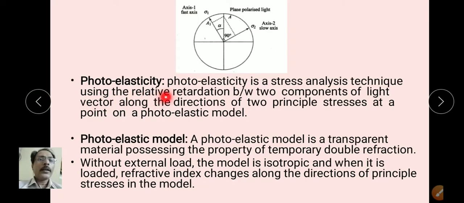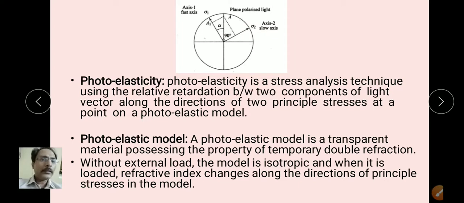Photoelasticity is a stress analysis technique using the relative retardation between two components of light vectors along the directions of two principal stresses at a point on the photoelastic model. When the light hits the wave plate, it is converted into two waves, one along the fast axis and one along the slow axis. These axes coincide exactly with the principal stress directions.